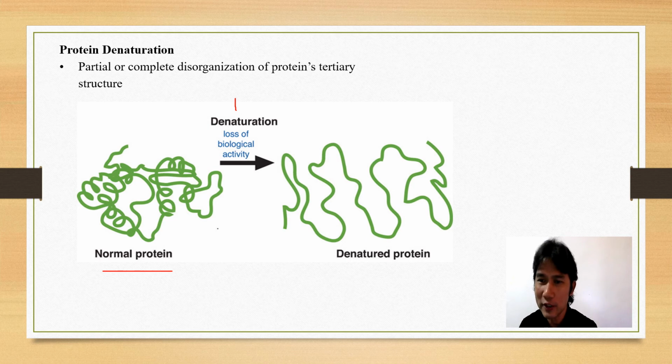Unlike in protein hydrolysis, of course, the protein will be denatured first, and then the peptide bonds are cut. But in protein denaturation, it's only the shape that is altered, but the amino acids remain connected. Protein denaturation could mean loss of biological activity.